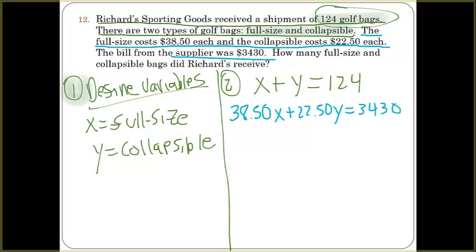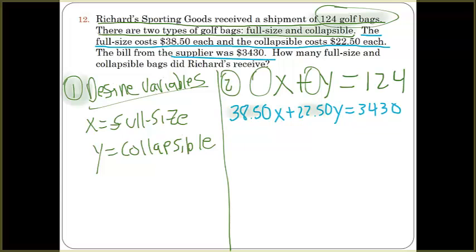Now, this is, like I said, tricky in terms of the numbers that you're given, but you do it the exact same way. The nice thing is that these are ones here, so you can just basically take this number or this number and multiply the top equation by the opposite.